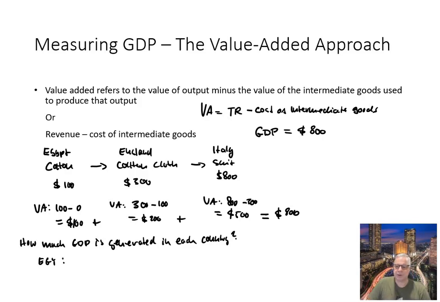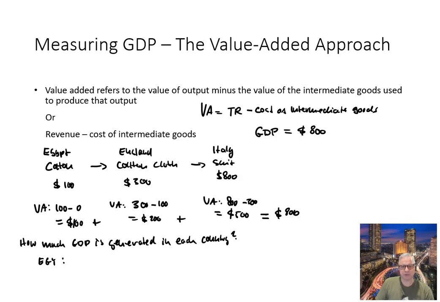Well, what we know is that GDP is equal to the total market value for all final goods and services produced. And so that is equal to all the income and all the value added. So if we take a look at income, that Egyptian company obviously made an income of $100.